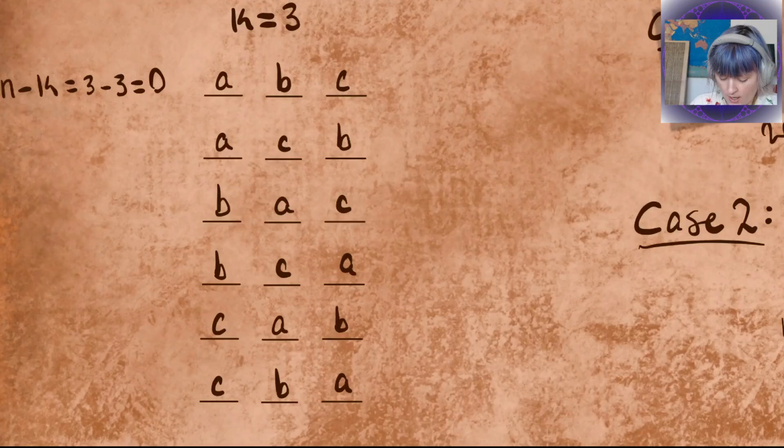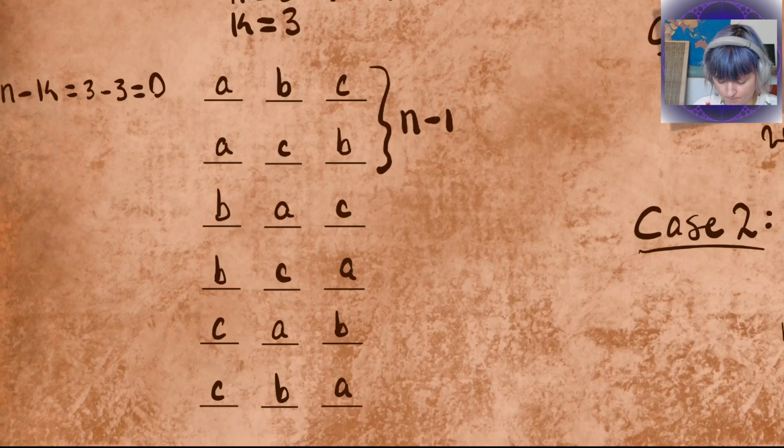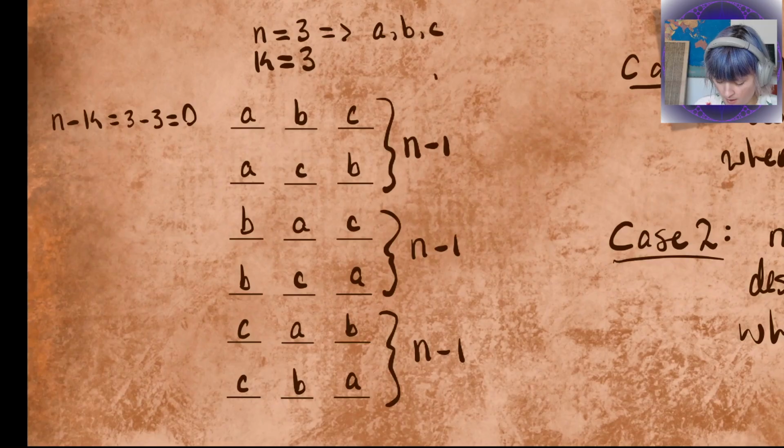So we can see here that there's no difference between what we saw for n factorial. N factorial would describe what we see right here.